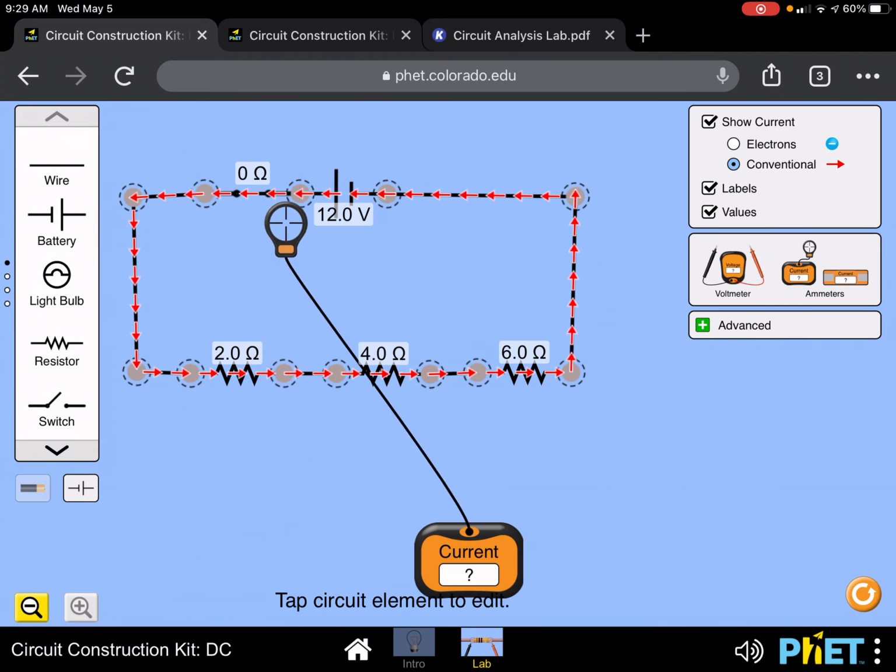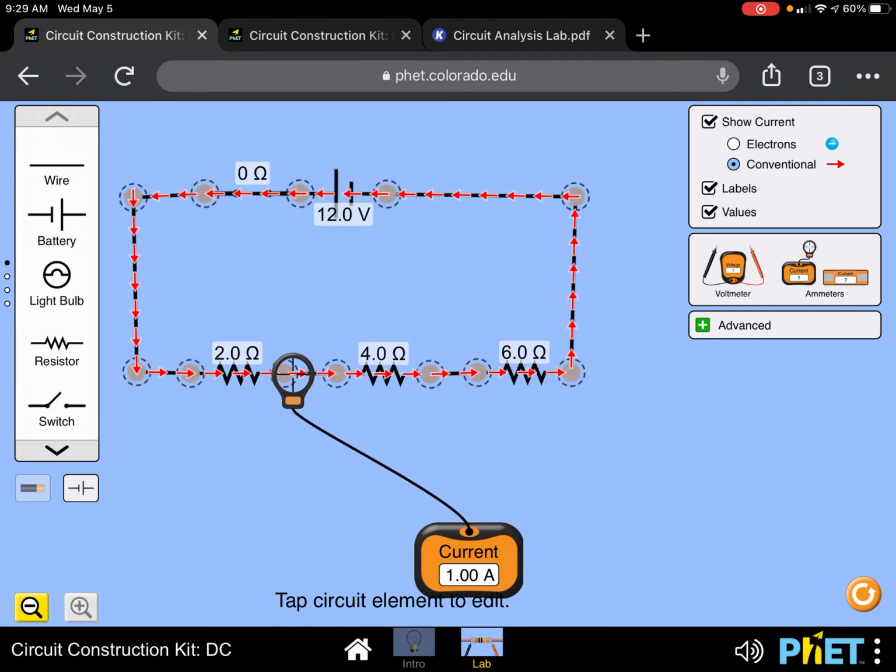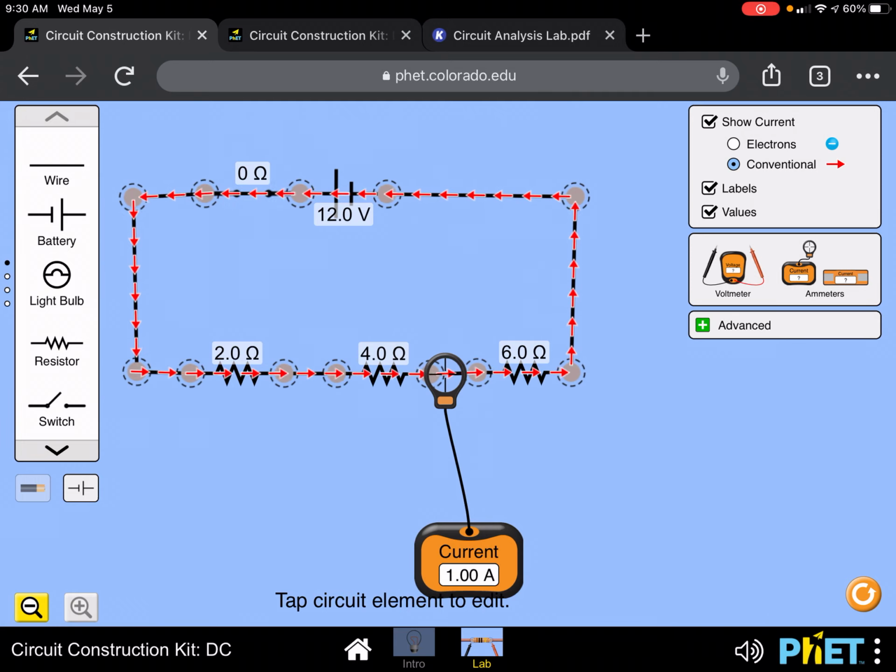Now I'm going to place it after the first light bulb, and you can see it's still measuring 1 amp. I'm going to place it after the second light bulb, it's still measuring 1 amp. And if I place it after the last light bulb, you can see it's still, again, measuring 1 amp.